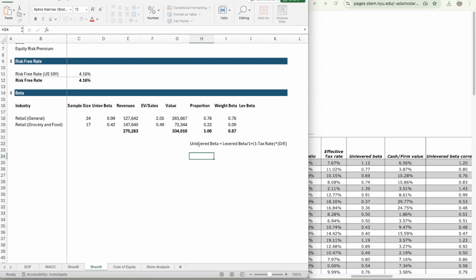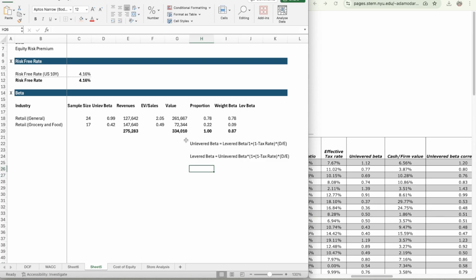So if we rearrange that, we get levered beta equals unlevered beta multiplied by 1 plus (1 minus the tax rate) multiplied by the debt divided by the equity. And obviously we don't have those at the moment, because we haven't done the other side of the WACC yet. So we'll just put them in and then we'll make it dynamic afterwards.